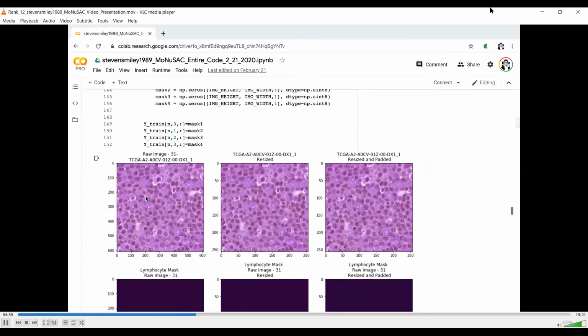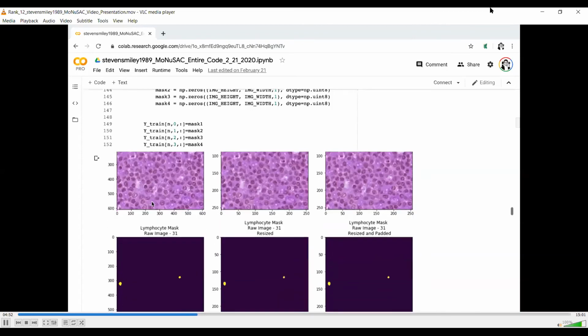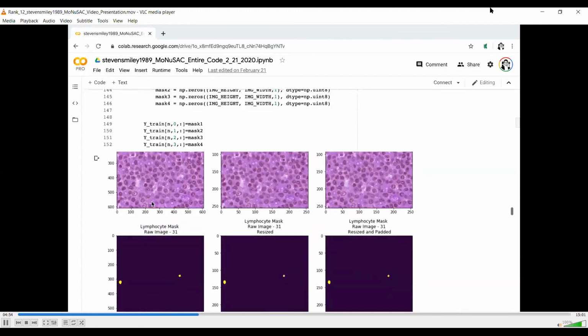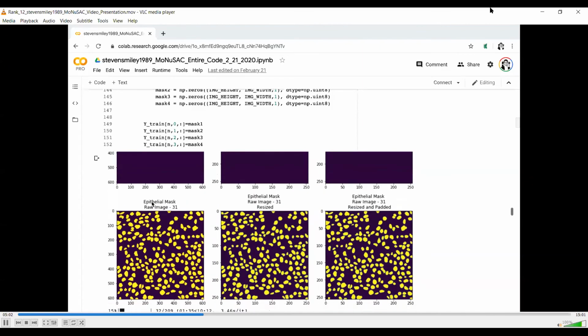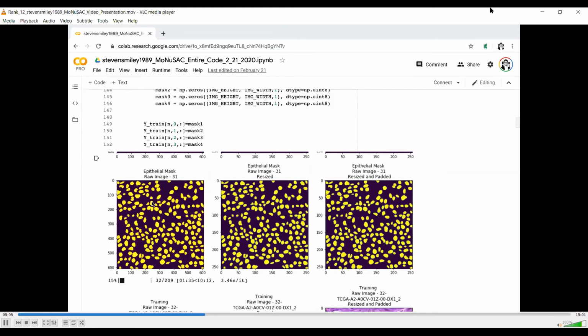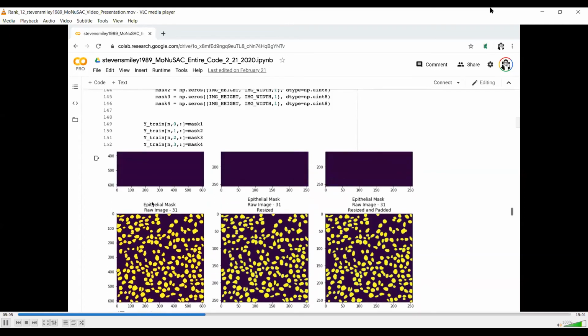And you can also see the different flavors and how these neutrophils and lymphocytes and all these cells look, because sometimes they come in different colors and variations of the same thing. When it comes to training a neural network, you want to make sure you have enough data.